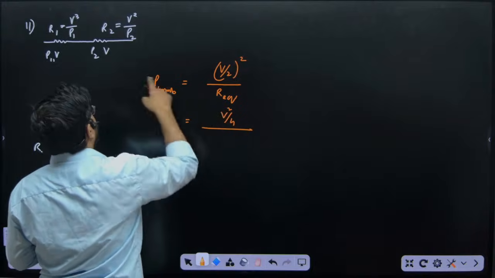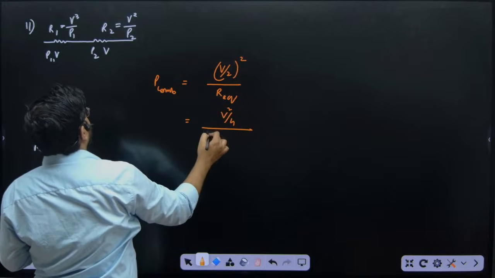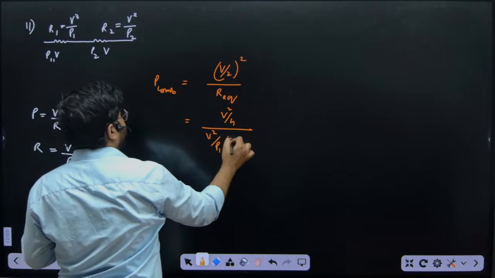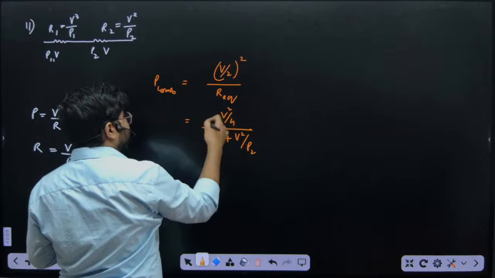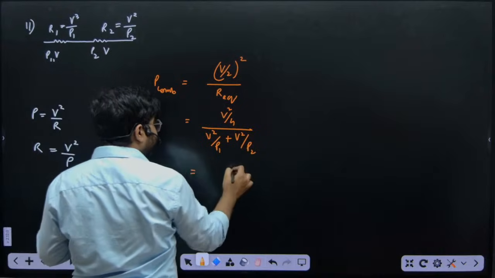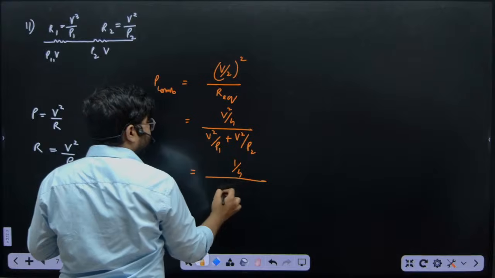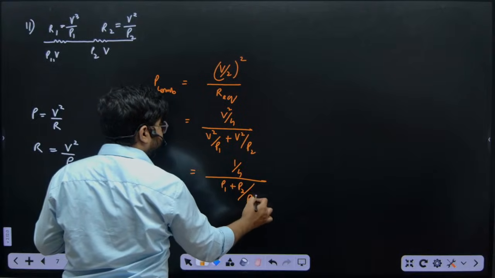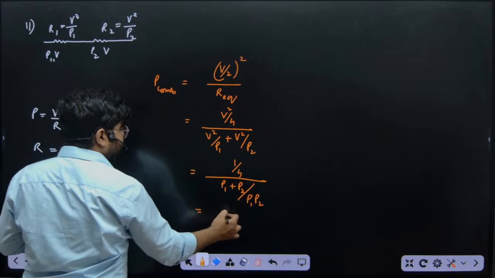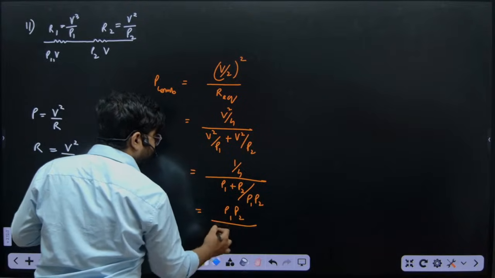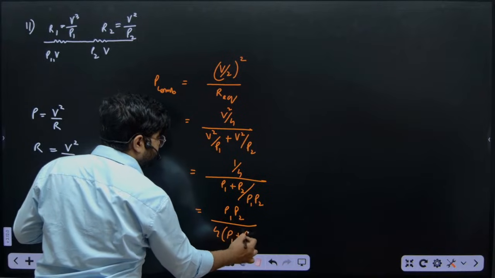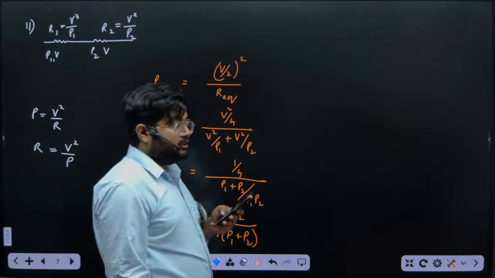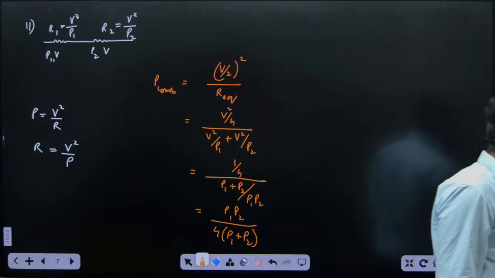So V square by 4, R equivalent, R1 plus R2, so V square by P1 plus V square by P2. V square can be cancelled. 1 by 4, (P1 plus P2) by P1 P2. So P1 P2 by 4 (P1 plus P2). So option D seems to be the correct answer here.